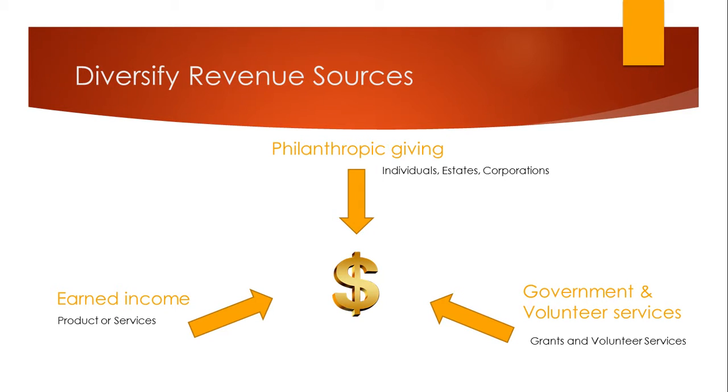This is talking about grants and volunteer staff. And then we also have earned income, which is talking about products or services. Obviously, because not every nonprofit is going to earn income based off of products or services, they have to rely more on philanthropic giving and government assistance.